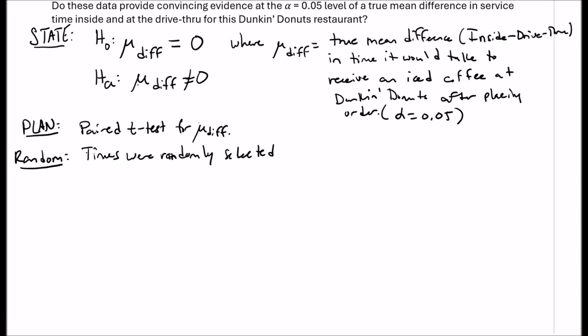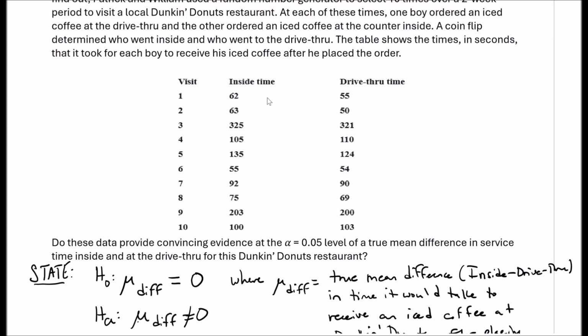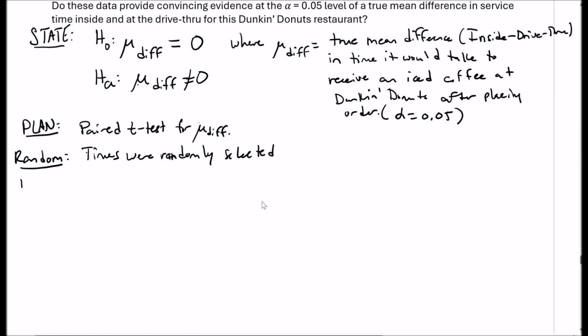All right, and then let's see our normal condition, or actually let's do the 10% condition here. Well, in this case, we don't really have to check the 10% condition because these are just 10 visits, right? They can easily have done more visits. Okay, so I'll write it down here.